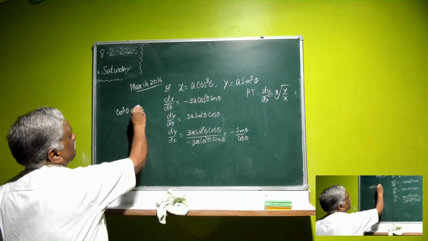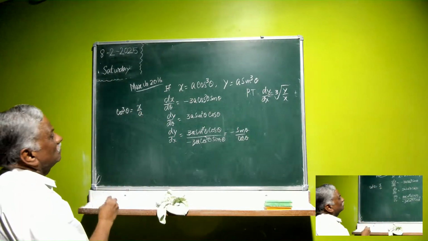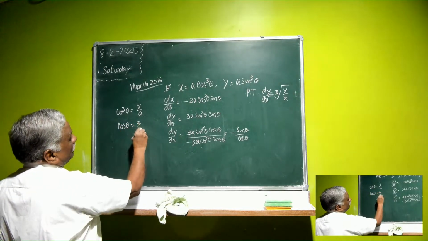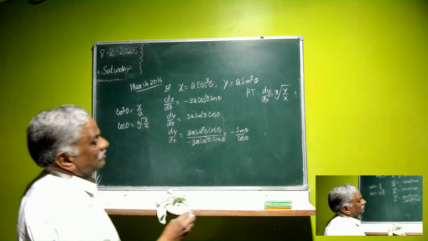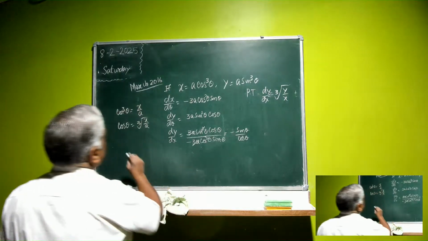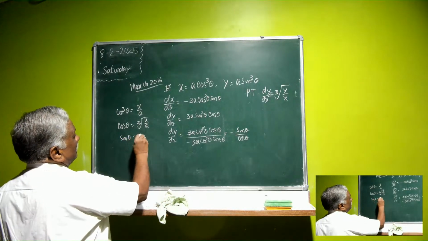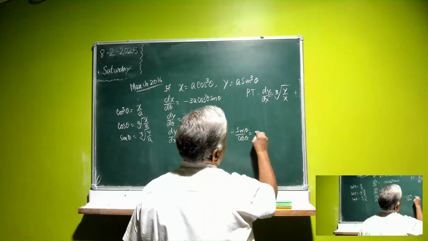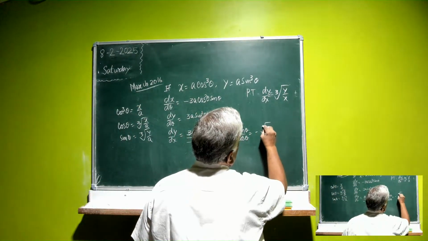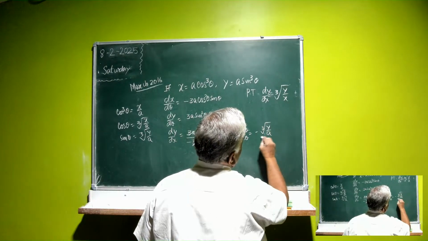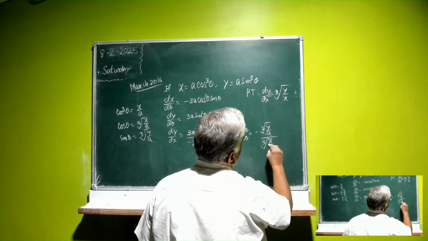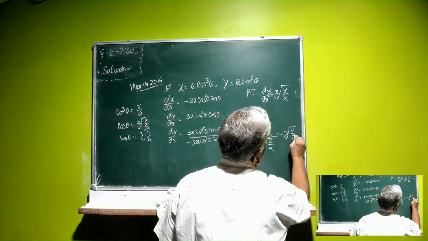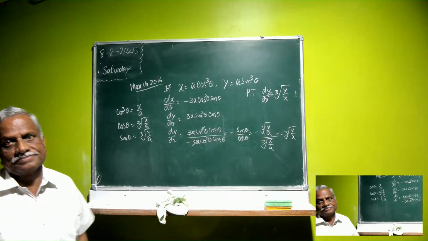Cos cube theta is x by a, so cos theta is the cube root of x by a. Similarly, sin theta will be the cube root of y by a. So this is minus cube root of y by a divided by cube root of x by a. That is equal to minus cube root of y by x, because a and a cancel.